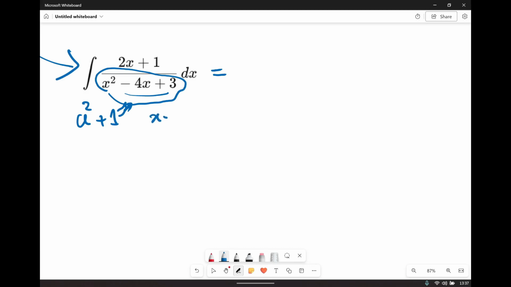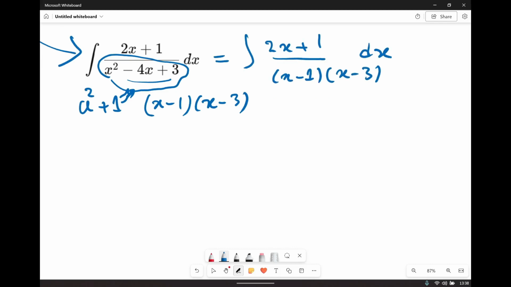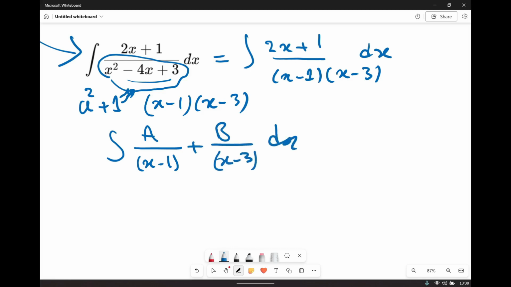We must factorize x minus 1, x minus 3, and I write here 2x plus 1 over x minus 1 multiplied by x minus 3, dx. But nice things happen if we can put it like this: a over x minus 1 plus b over x minus 3 dx. If we can split it to this form, our calculation is so simple.